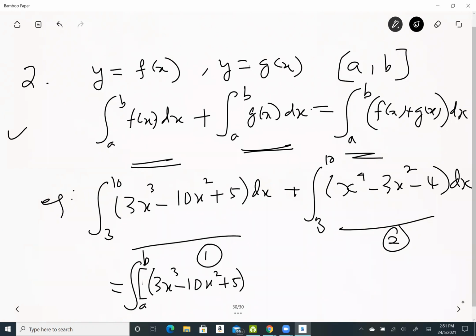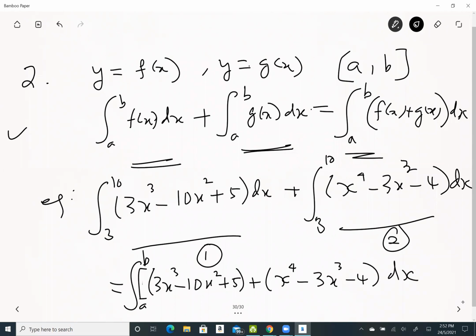That's one. And then you add x to the power of 4 minus 3x cubed minus 4 dx.